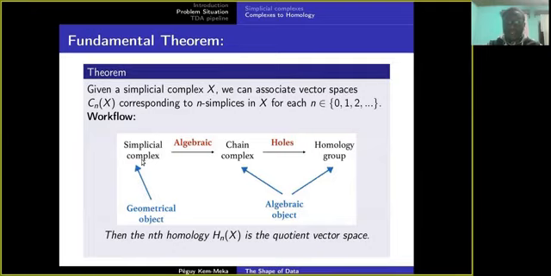Having the simplicial complex, I can compute the so-called chain complex, which is a vector space associated to the n-simplices. Having the chain complex, which is the vector space, I can compute the homology group, which is also an algebraic object, and which is defined as a quotient vector space.